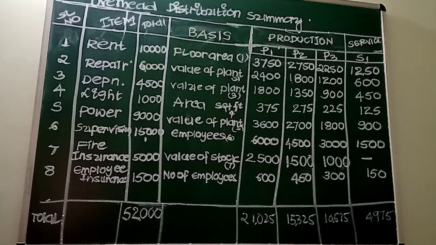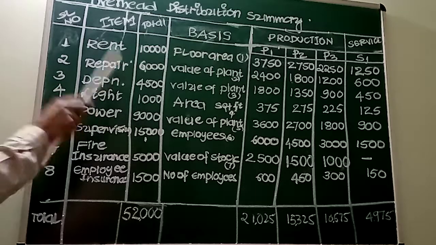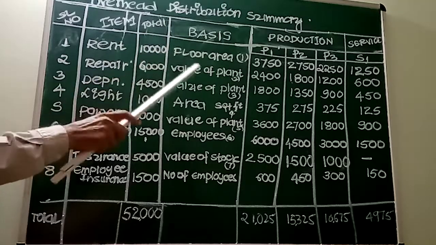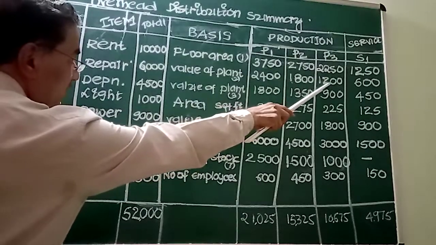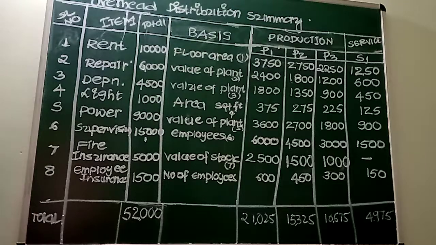Apportion it in that particular ratio. The simplified ratio will be 4 is to 3 is to 2 is to 1. Then you share this 6,000 rupees in that ratio, you will get 2,400, 1,800, 1,200 and 600. So this is the second item of expenditure.